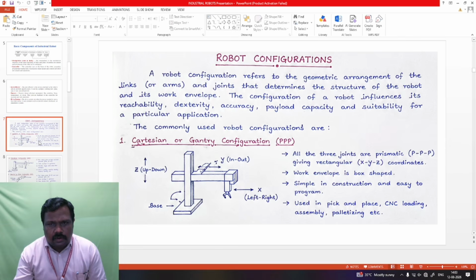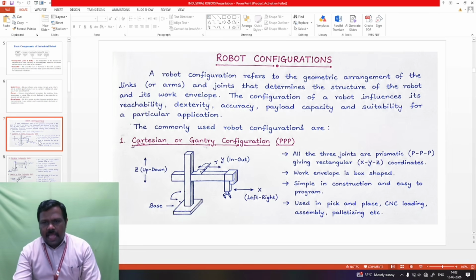First, what is robot configuration? A robot configuration refers to the geometric arrangement of the links and joints that determine the structure of the robot and its work envelope. The configuration of a robot influences its reachability, accuracy, payload capacity and suitability for a particular application.